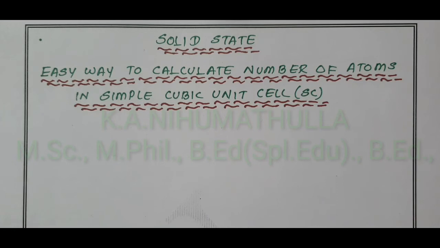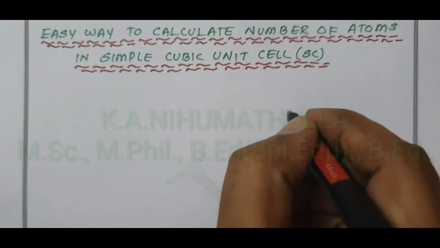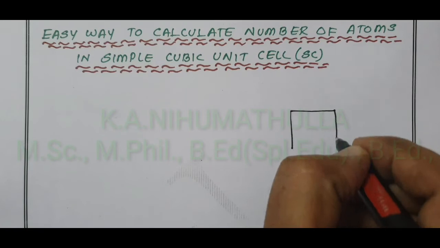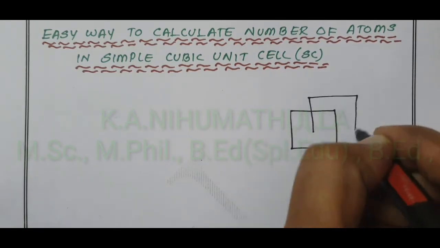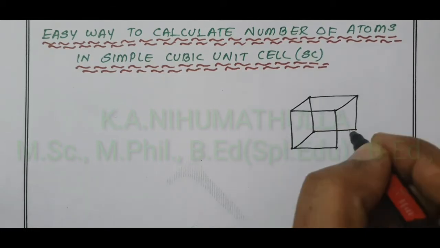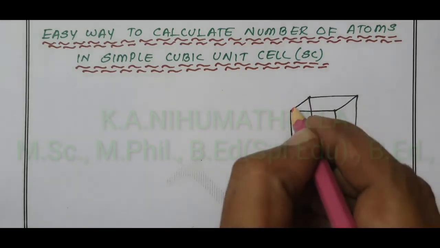You know how to draw the unit cell simply. A cubic unit cell can be drawn, but in this drawing, in simple cubic we know the atoms are present only at the corners.